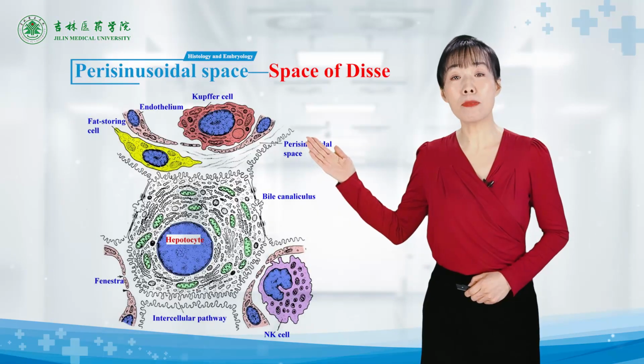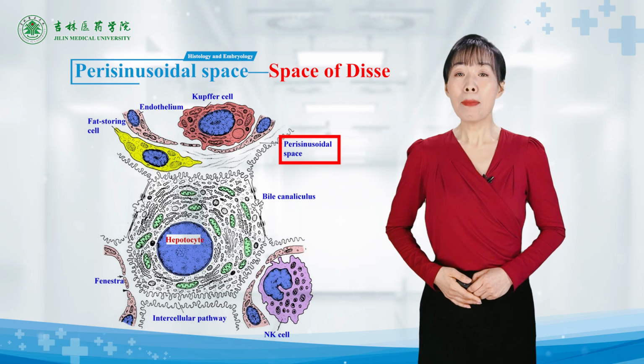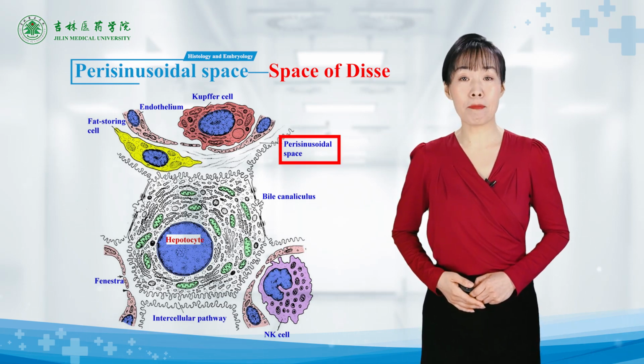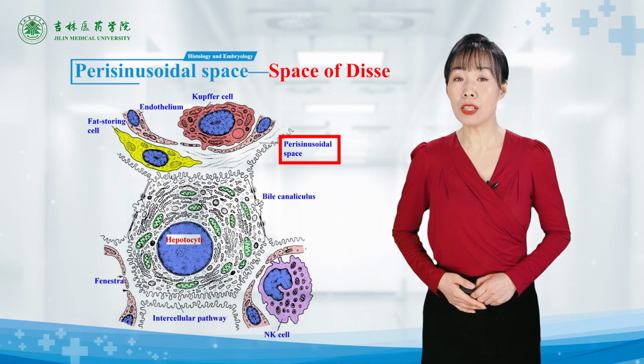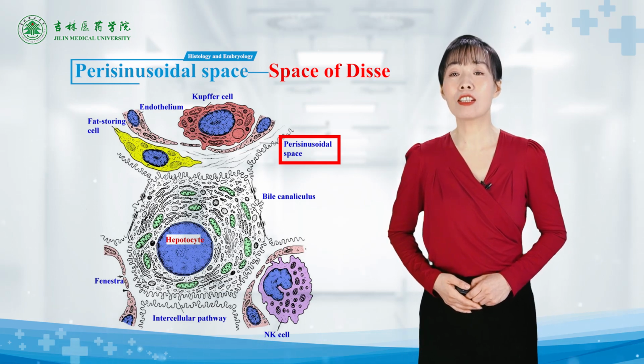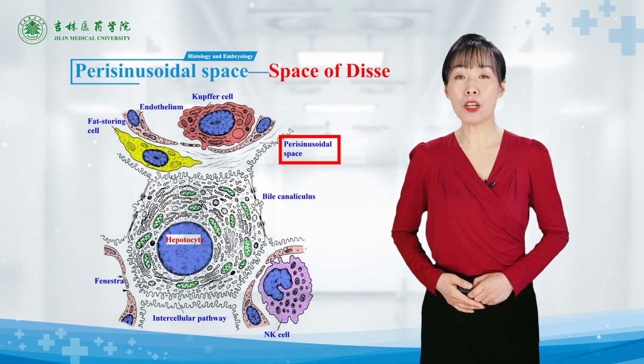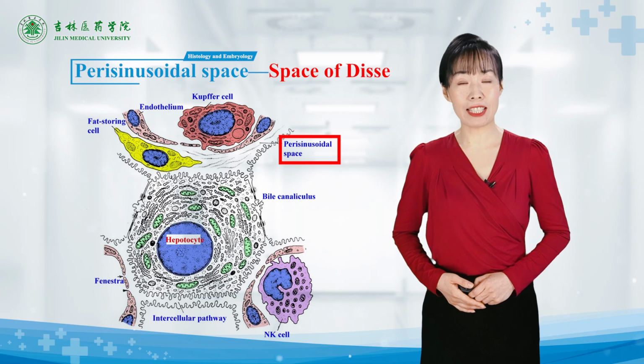Perisinusoidal space, or space of Disse. Perisinusoidal space is an interstitial space between endothelial cells of sinusoids and liver cells. It is the site of exchange of materials between blood and liver cells.